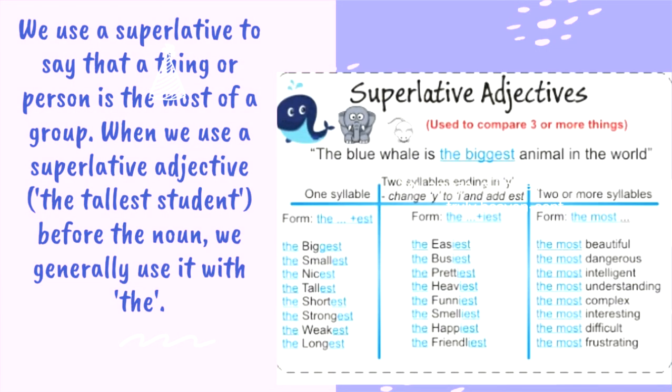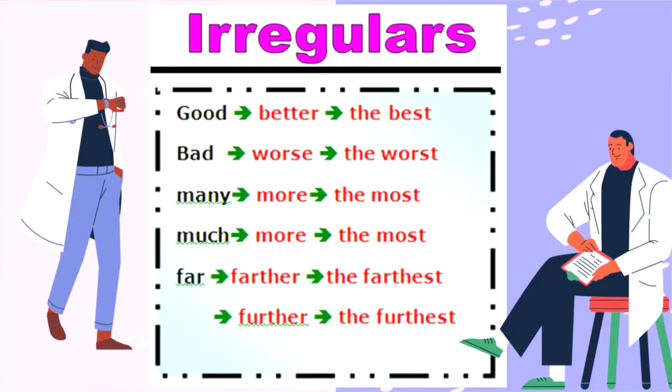Now, wait a second. Okay. Now we are going to show you the irregular adjectives. It's similar to the irregular verbs, but in this case it is adjectives. For example, good in comparative form is better, in superlative form is the best. Bad in comparative is worse and superlative the worst.